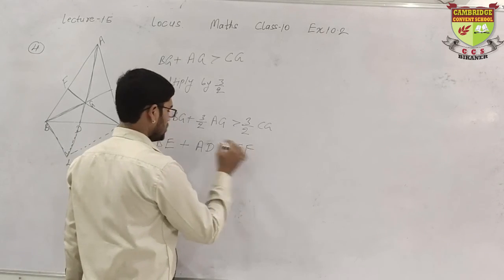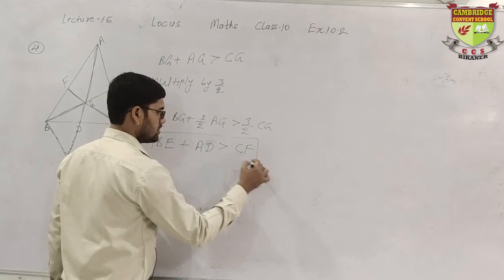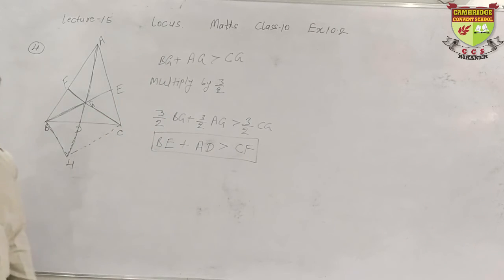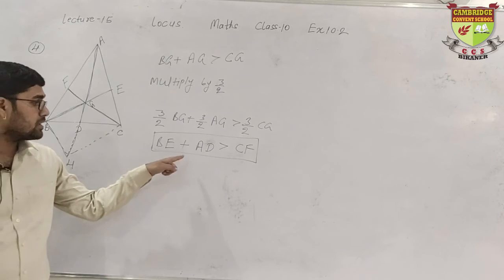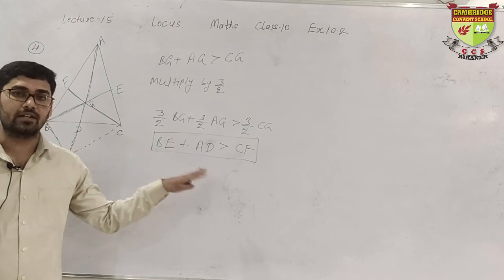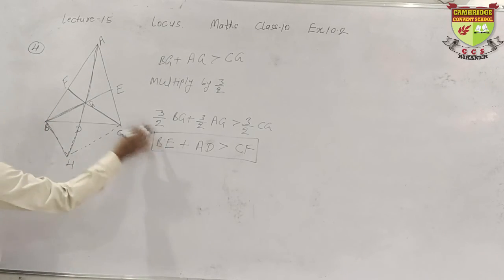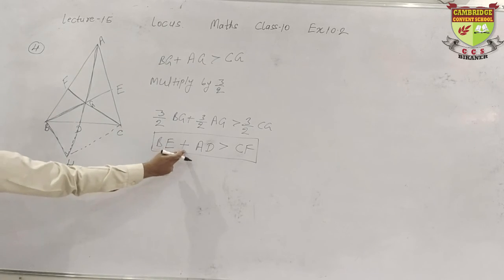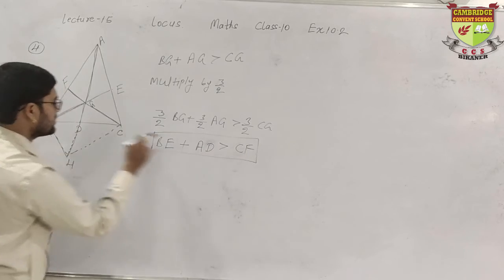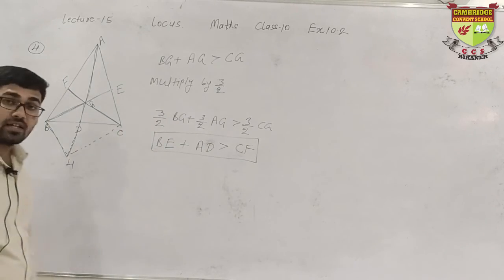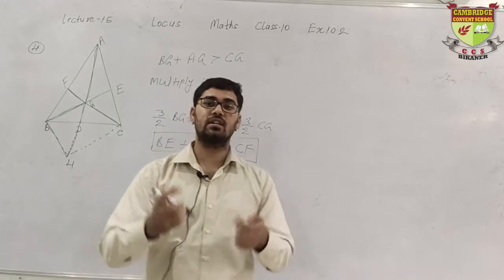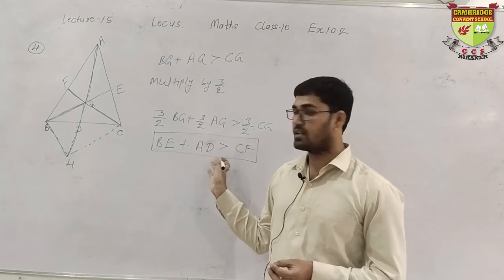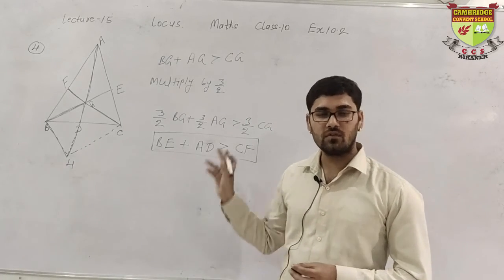So see, our proof is complete now. The sum of two medians has been proved greater than the third median. See, BE, this median, AD, this median, their sum is greater than CF, the third median. Similarly, the remaining two medians can also be proved greater than the third median. This is the way you will solve this.